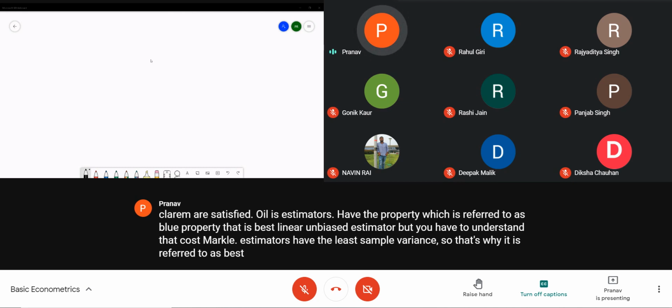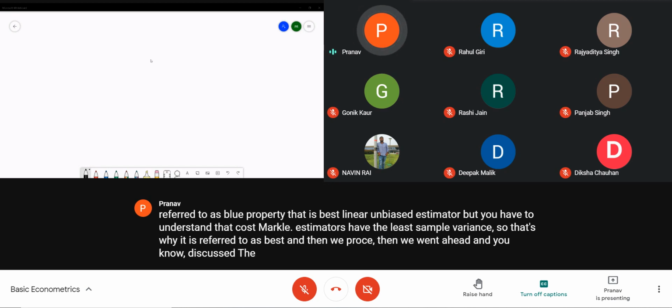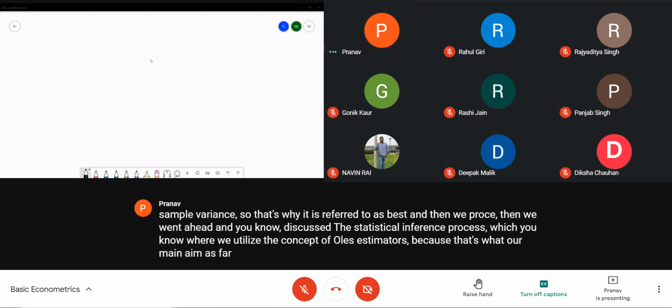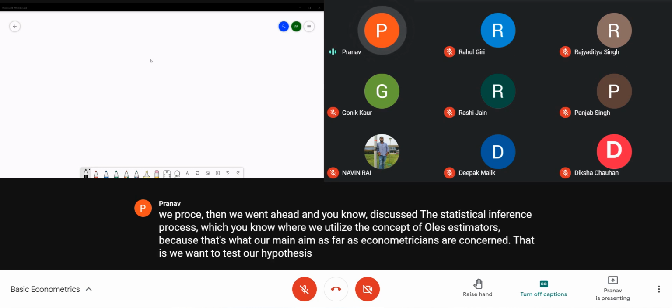And then we went ahead and discussed the statistical inference process, where we utilize the concept of OLS estimators, because that's our main aim as far as econometricians are concerned. That is, we want to test our hypotheses concerning various aspects of these population parameters.